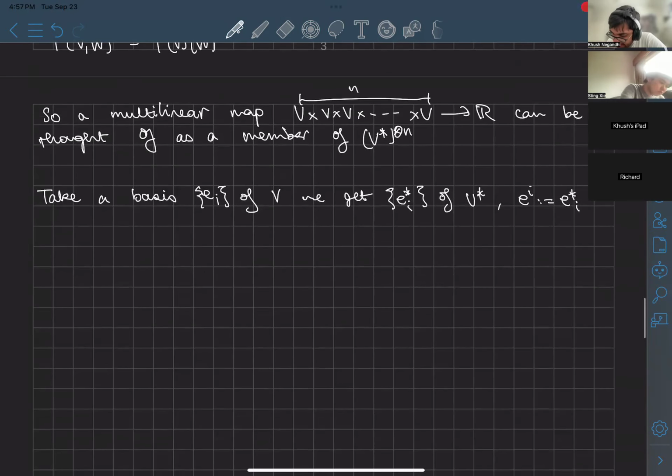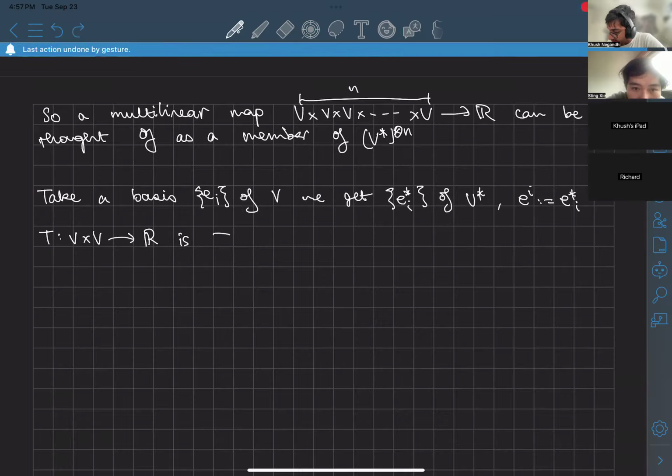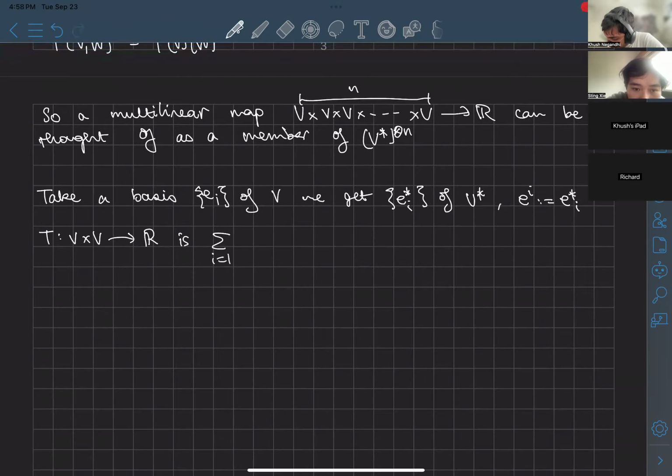So this now tells me that a bilinear map T from V cross V into R can be written as the sum over i from 1 to n, sum over j from 1 to n, of T upper i, T lower j, e_i tensor e_j. But if I consider more multilinear maps, writing down the sum again and again is going to get really annoying.